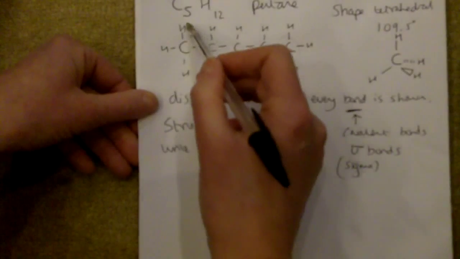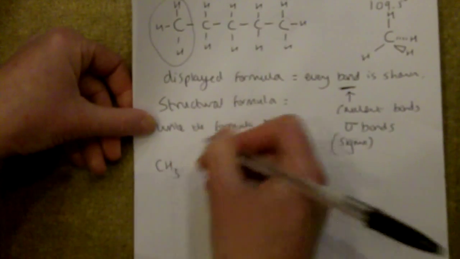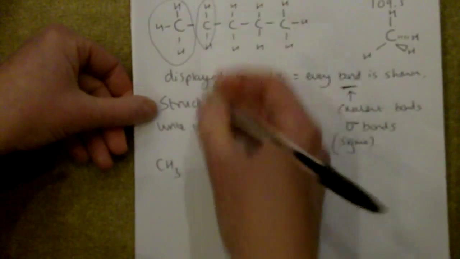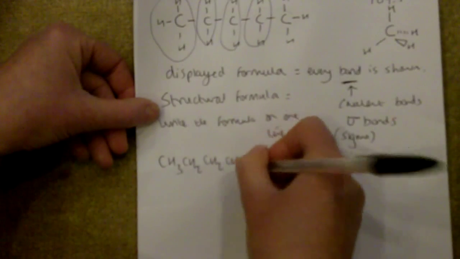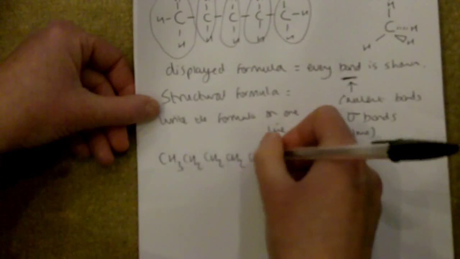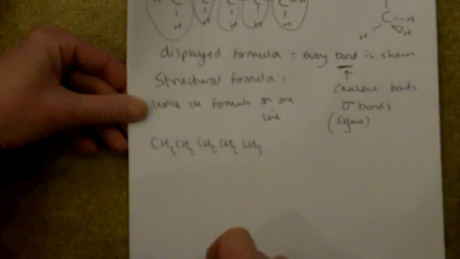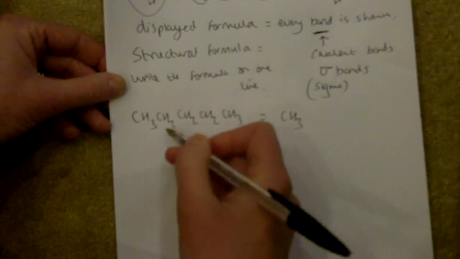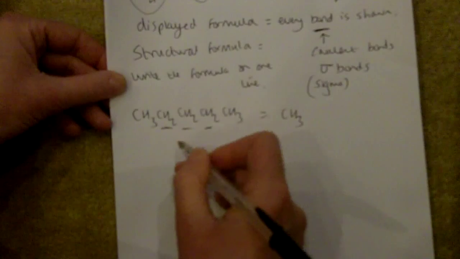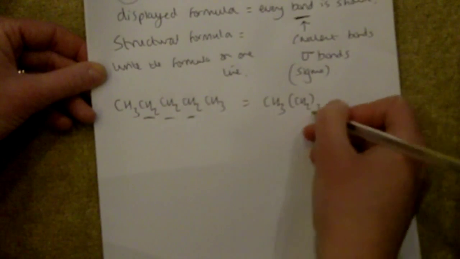So for this, I'd go CH3, then CH2, then another CH2, then another CH2, and then a CH3, and that's called a structural formula. You can summarize it: CH3, and because there are 3 CH2s, you could write CH3(CH2)3CH3.